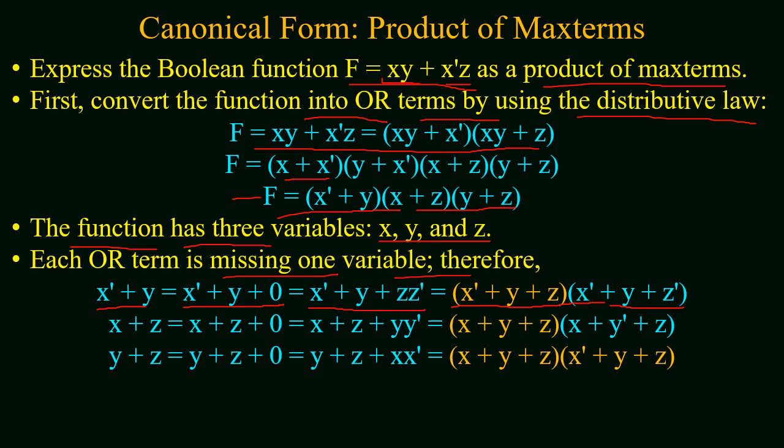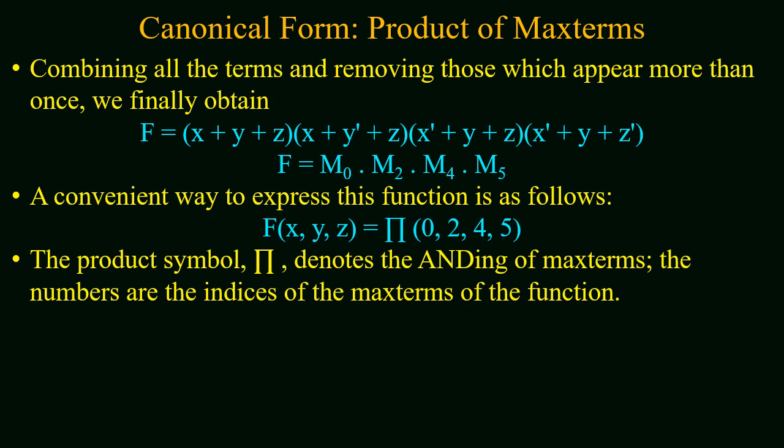The same steps will be repeated for the other two terms, and the missing variable will be introduced. And further, if you observe every term, you will identify the repeated terms.